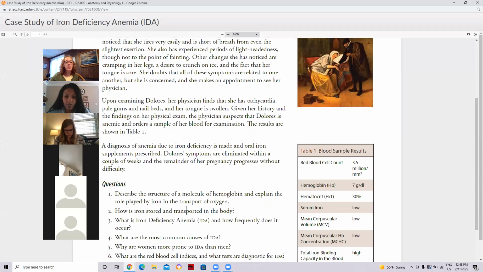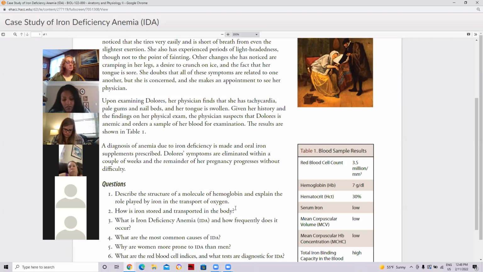So the first one is describe the small molecule of hemoglobin and explain the role played by iron in transport of oxygen. That's your answer. It's 4 polypeptide chains, each with a heme group in the center that contains 1 iron. Each iron molecule is capable of binding an oxygen molecule.